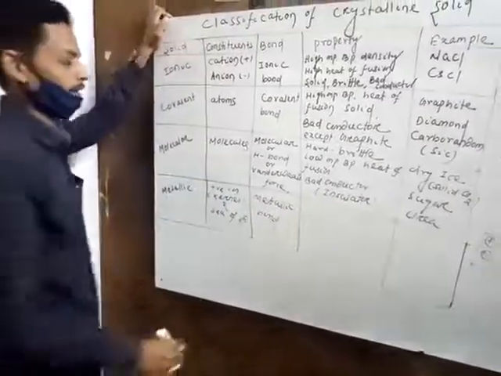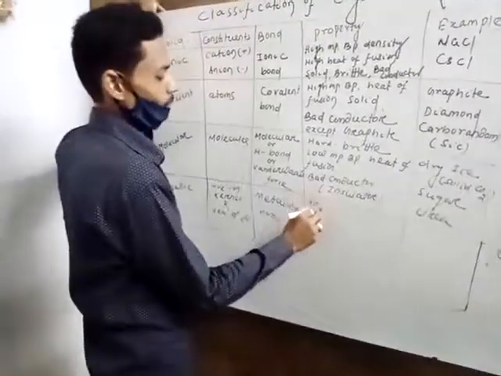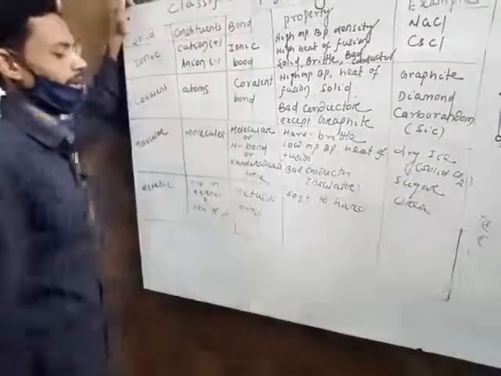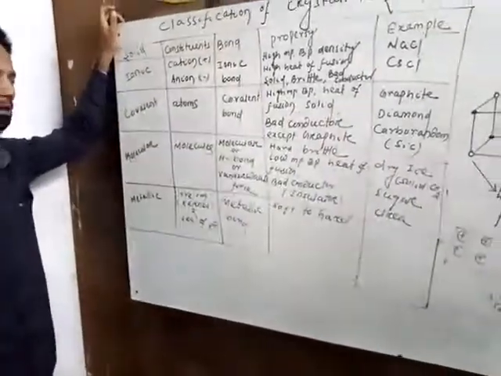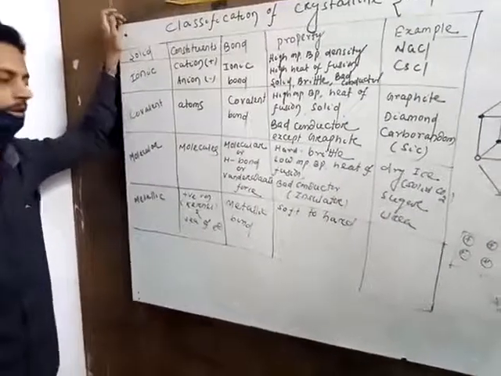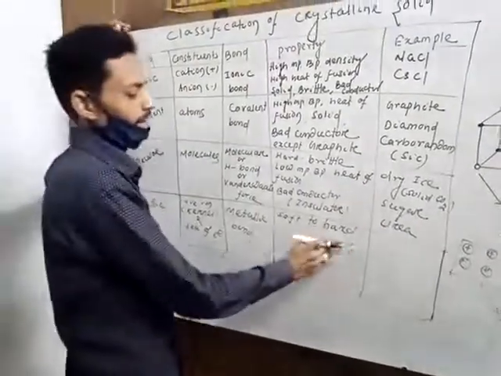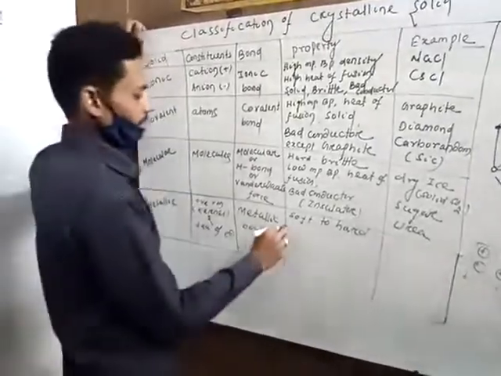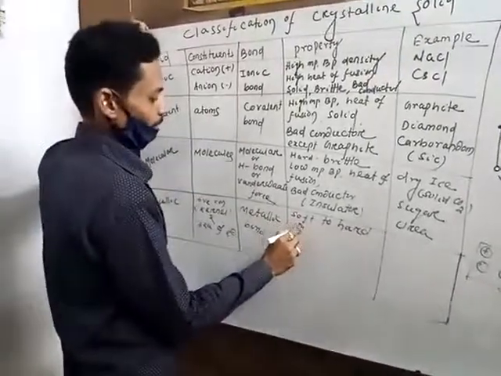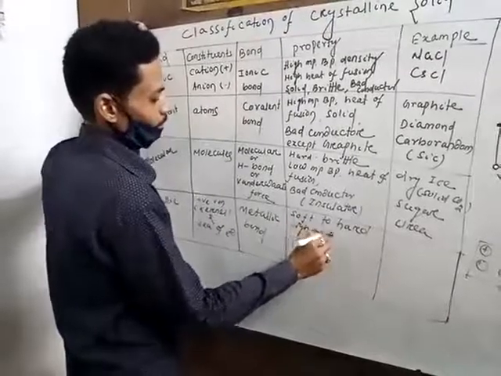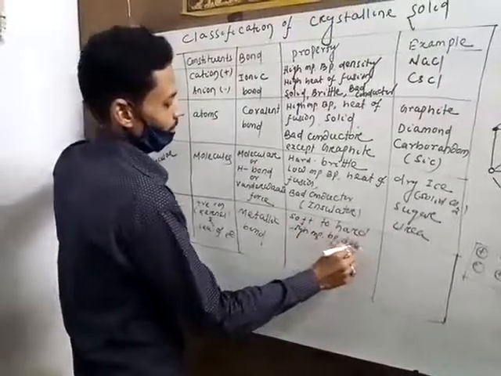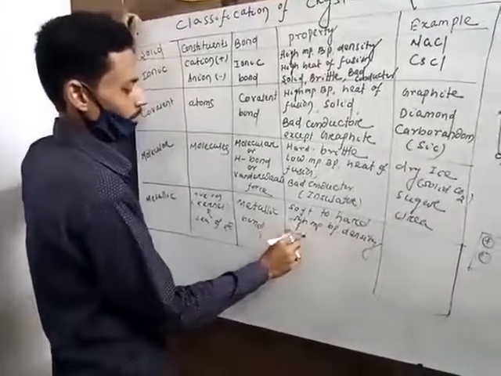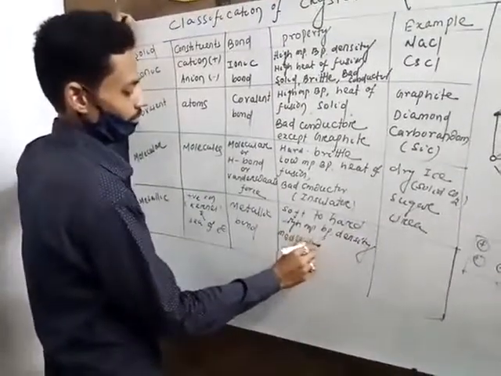What are the characteristics? These are soft to hard. Some metals are very soft, like sodium and magnesium, and there are some very hard metals like iron. They have very high melting point, boiling point, density, but moderate heat of fusion.